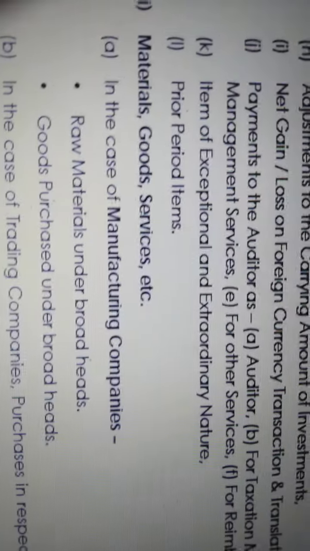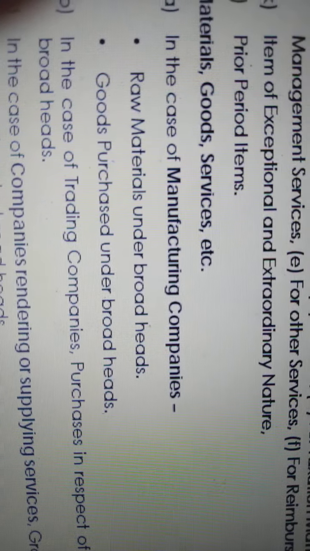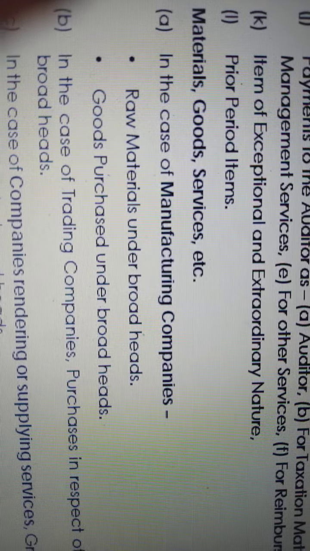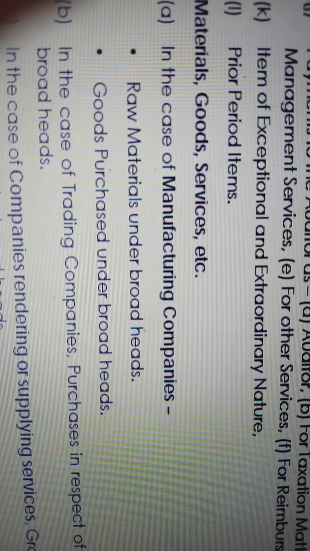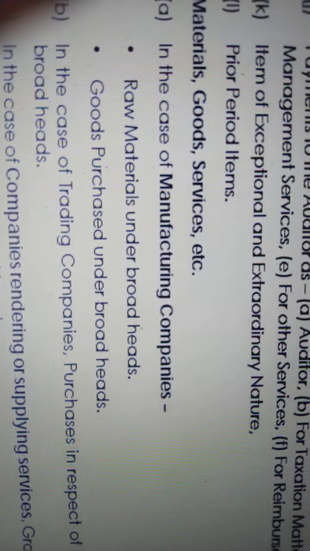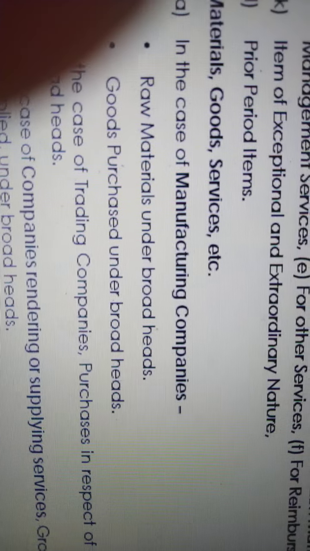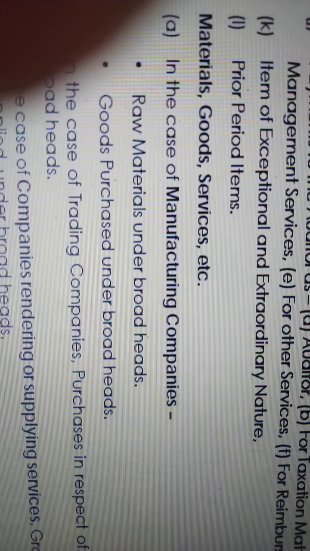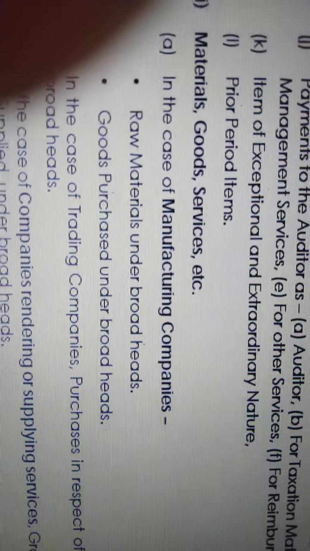In the case of a manufacturing company, notes to accounts must give a breakup of raw materials under broad heads and goods purchased under broad heads, because raw material usage will be high when I do production.